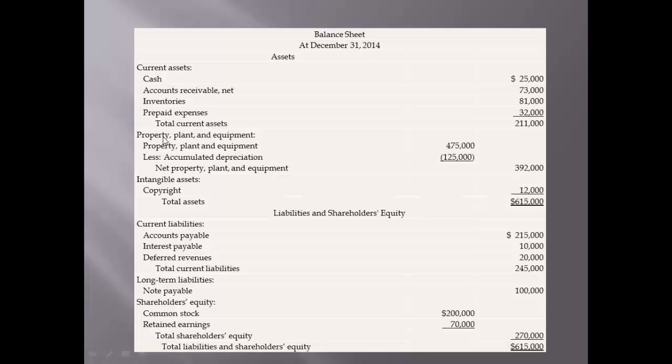Examples of long-term assets or non-current assets: property, plant, and equipment, buildings, land. Other examples are long-term investments and intangible assets, such as copyrights and patents.